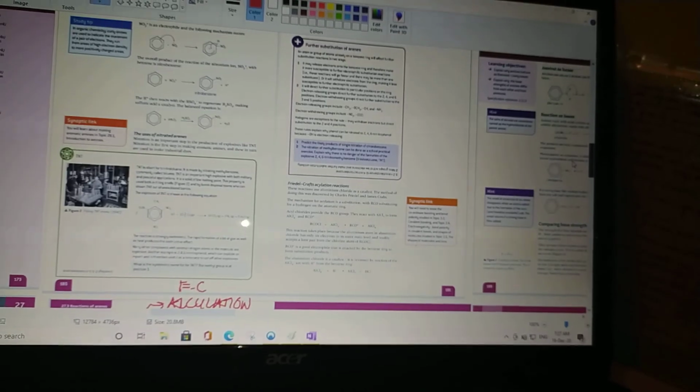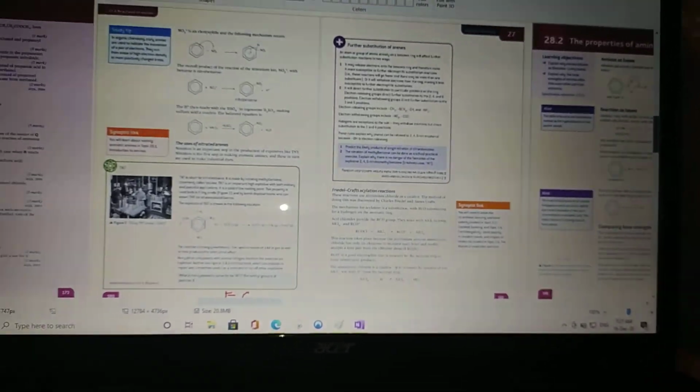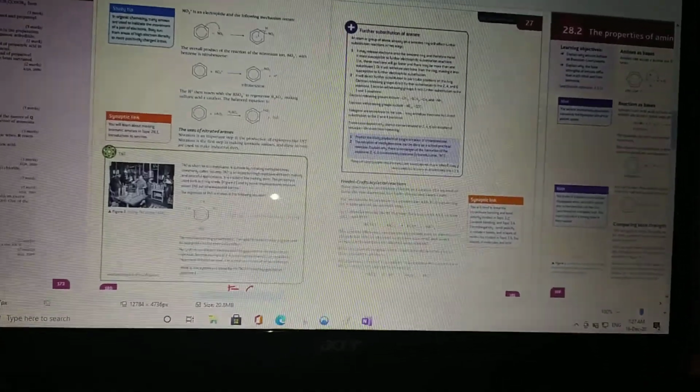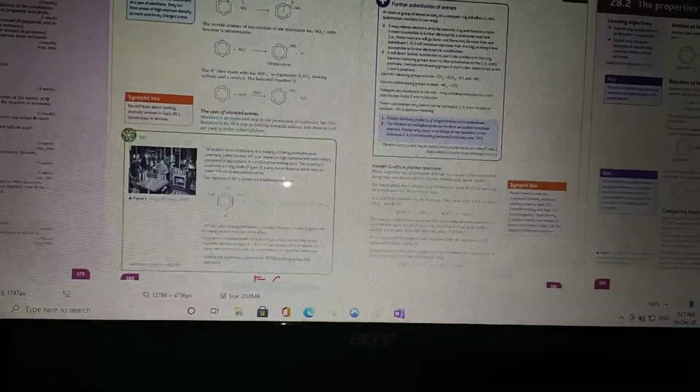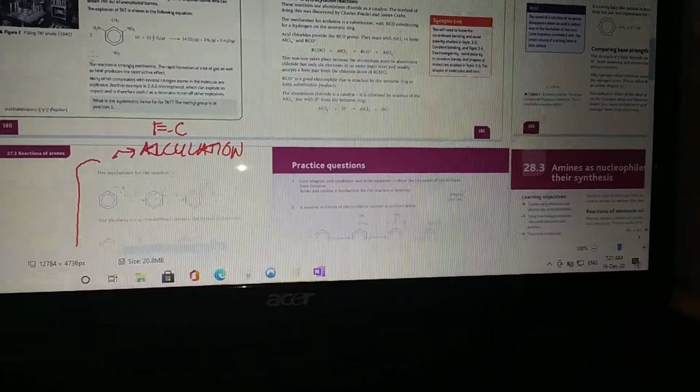Now, this is basically the nitration reaction, and we come to the uses of them. Nitration is an important step in the production of explosives such as TNT. Nitration is the first step in making aromatic amines, and this in turn is used to make industrial dyes as well. Now, I don't know whether you can see this, but this is the explosion of TNT.